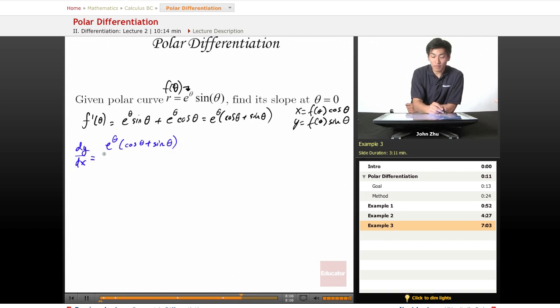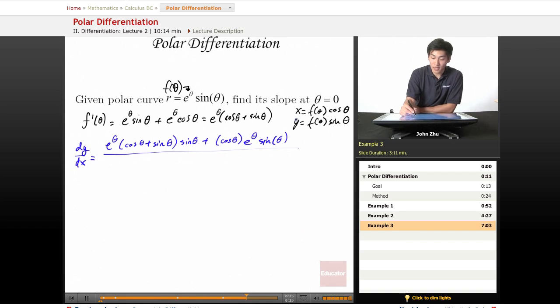So derivative of the first term times the second plus derivative of the second term times the first term, which is e to the theta sine of theta. And all that is divided by dx/d theta.